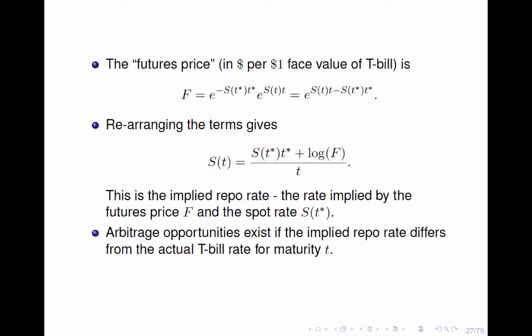Arbitrage opportunities exist if the implied repo rate differs from the actual T-bill rate for maturity T.